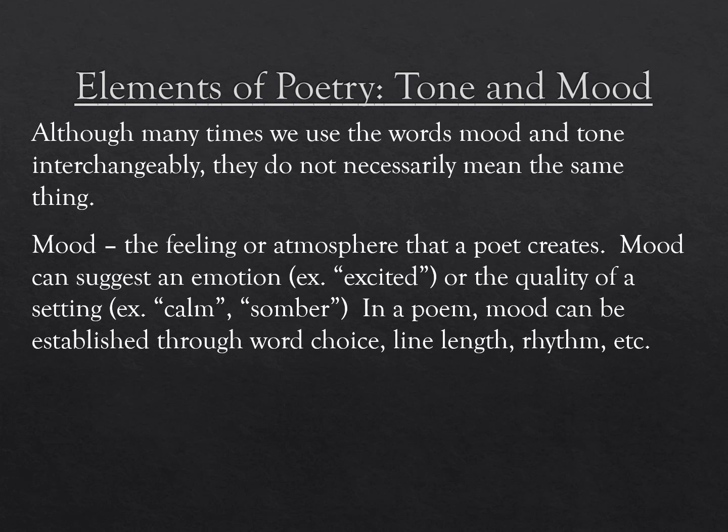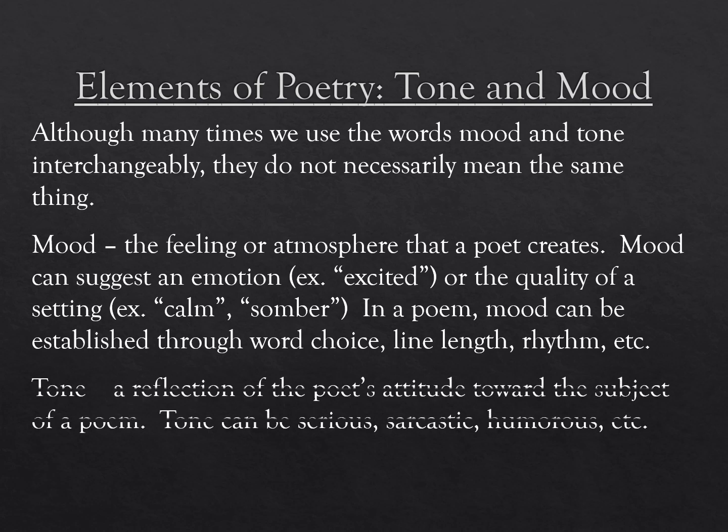In a poem, mood can be established through word choice, line length, rhythm, and so on. While tone is the reflection of the poet's attitude towards the subject of a poem. Tone can be serious, sarcastic, humorous, etc.